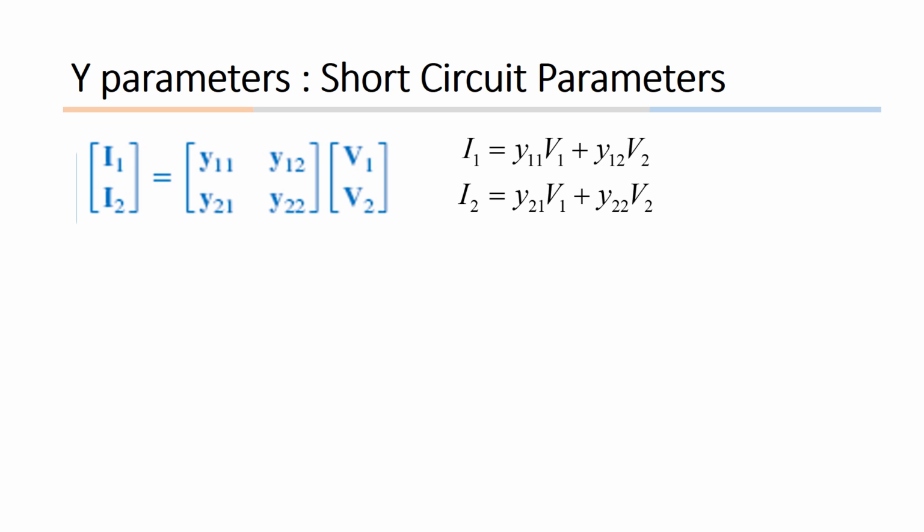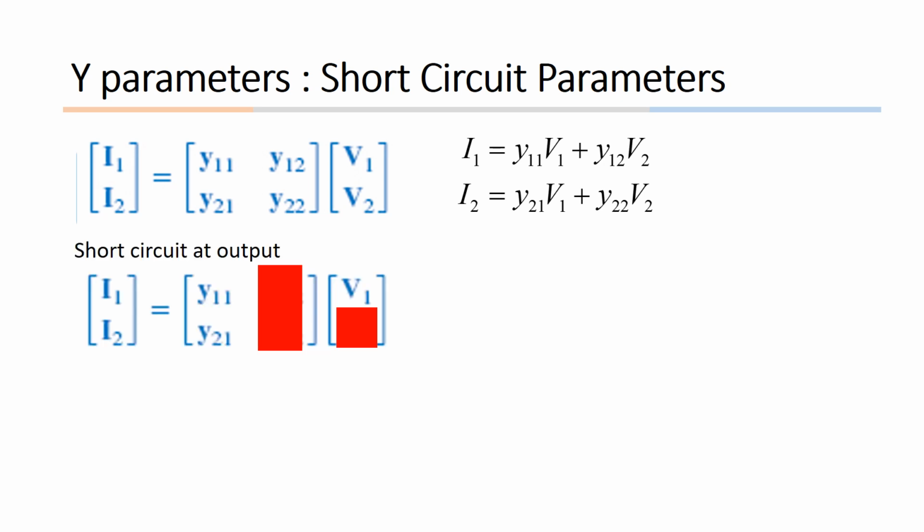Similarly, we want to eliminate one value because it is related to the voltage. To make the voltage 0, we can do a short circuit to obtain the first column of the Y parameters.